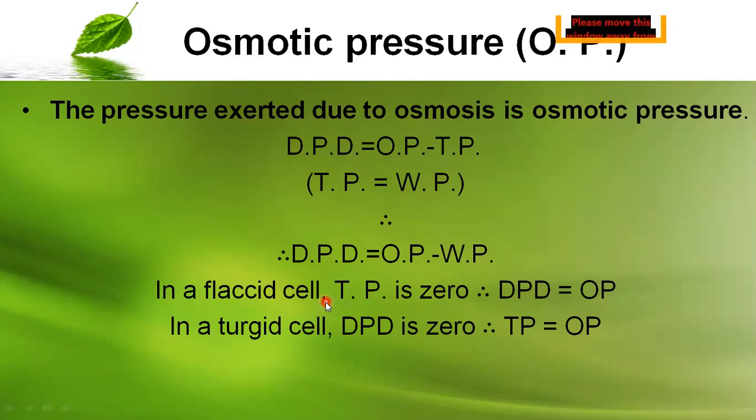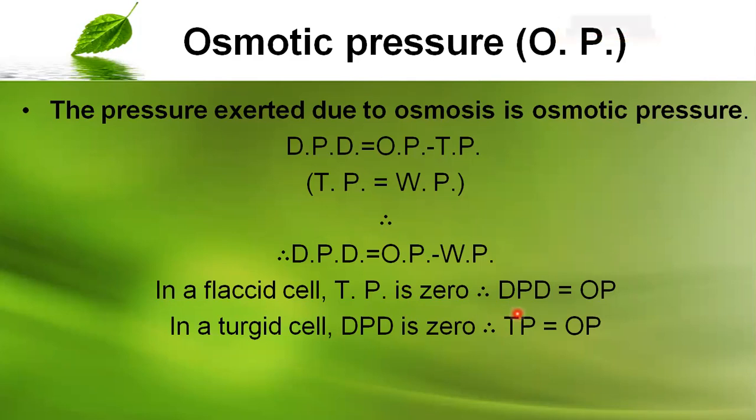Now in a flaccid cell, where the cell releases water outside, the turgor pressure is 0. Obviously, when the cell is turgid, turgor pressure is created on the wall. But after shrinkage of the cell, there is no turgor pressure.